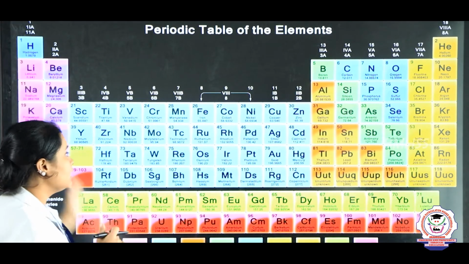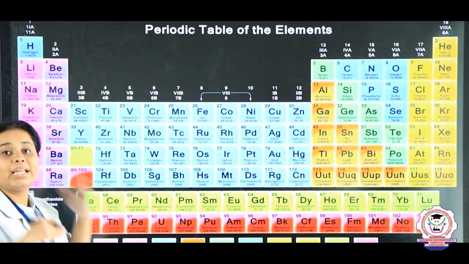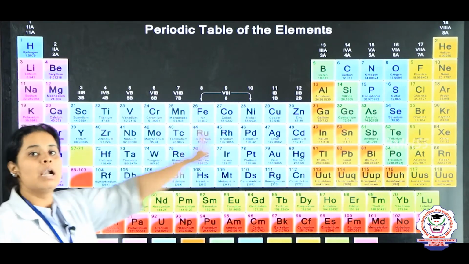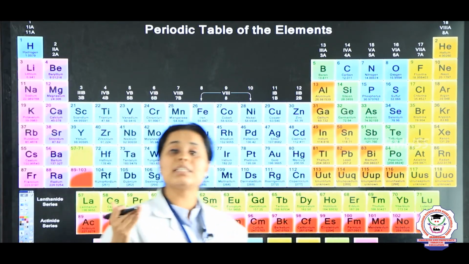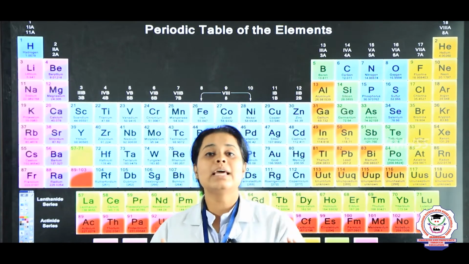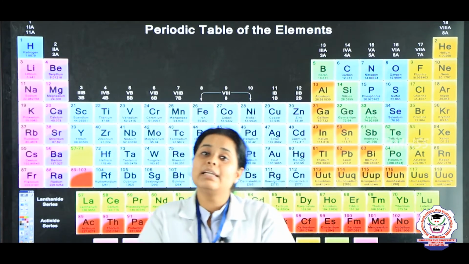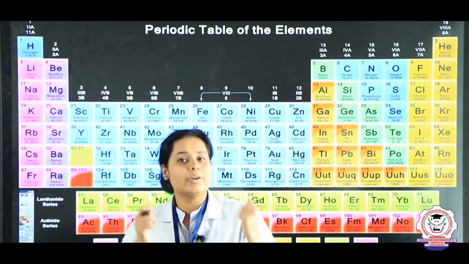The atomic radius increases from top to bottom, and it decreases from left to right. Later on we discussed ionic radii, which is similar to atomic radii, then electron affinity, electronegativity, and later how ions are formed.